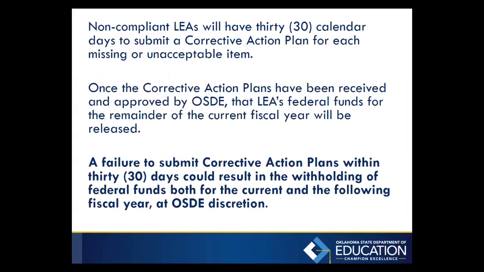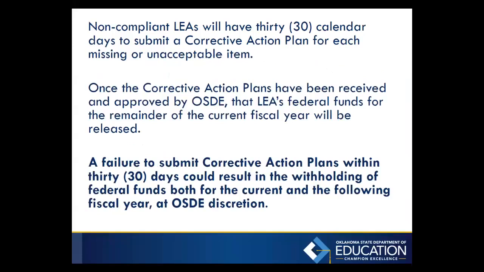Non-compliant LEAs will, however, have 30 calendar days to submit a corrective action plan for each missing or unacceptable item. Once the corrective action plans have been received and approved by OSDE, then that LEA's federal funds for the remainder of the current fiscal year will be released.